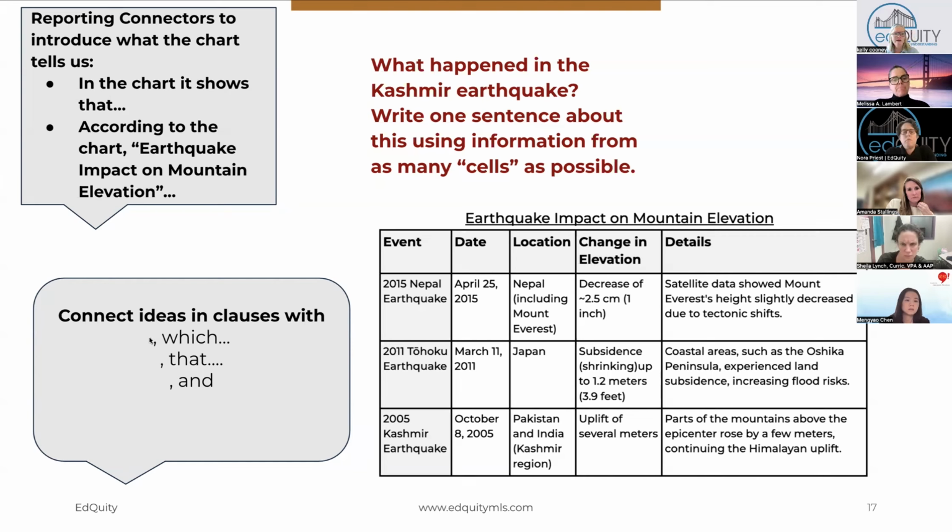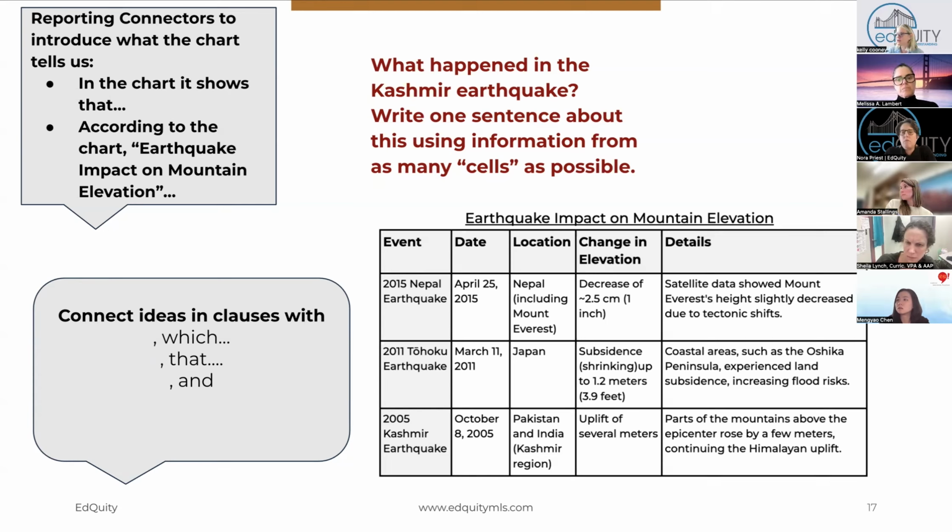Or we might have them connect ideas across multiple cells using a comma which or a comma that, right? So the 2015 Nepal earthquake, comma, that happened near Mount Everest, had a change in elevation of a decrease of 2.5, comma, and satellite data showed, right?